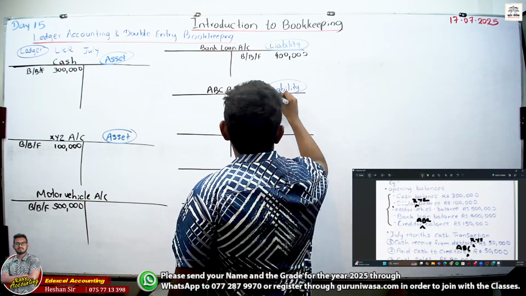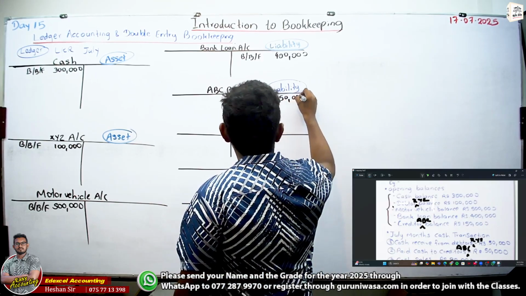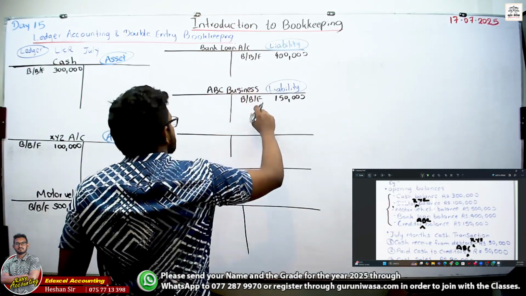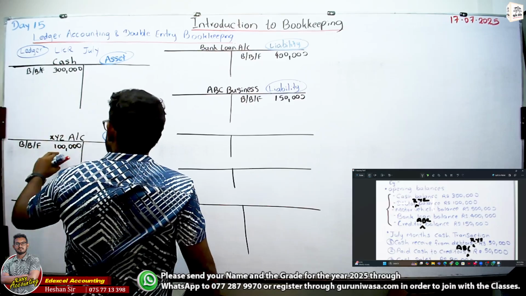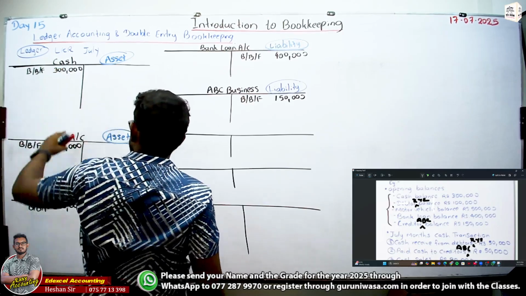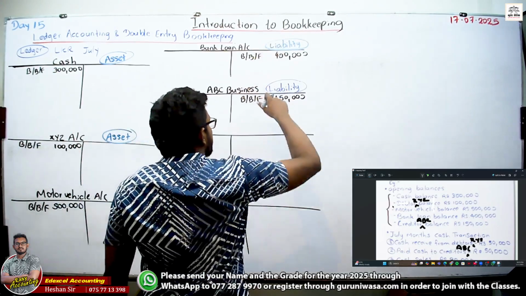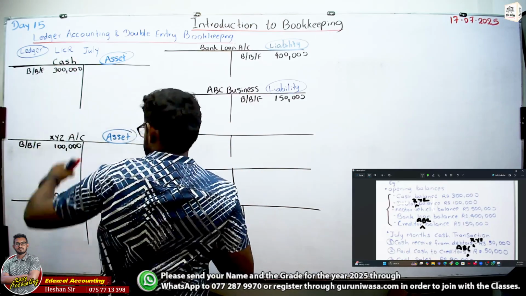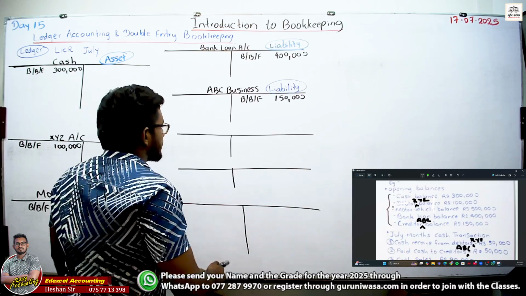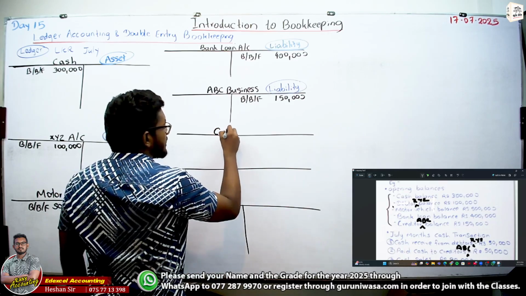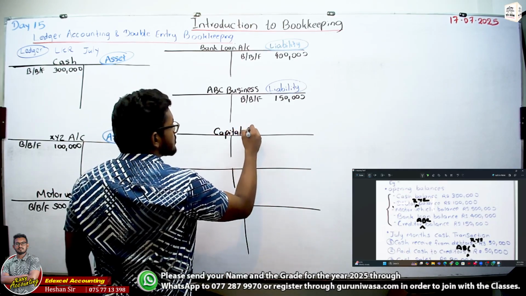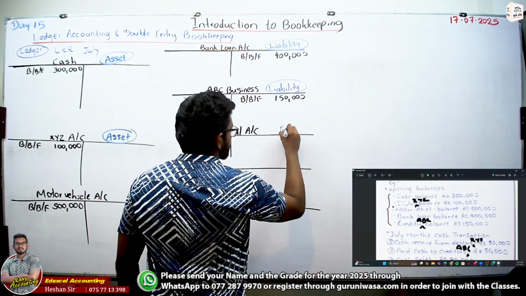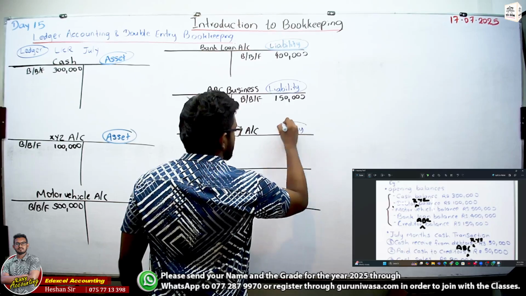150. And just remember, every time the total of the debit should be equal to the total of credits. Debit total is 300, 400, 900. The debit total is 900. In here, credit is 550. These are assets, these are liabilities. The remaining part you need to write under capital account. Capital account belongs to the equity, right?